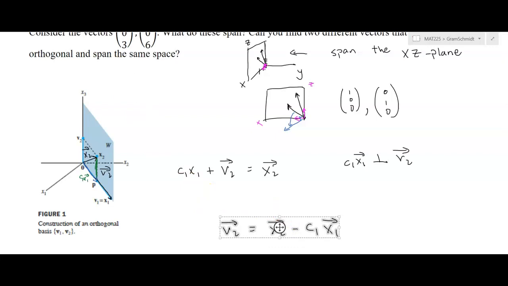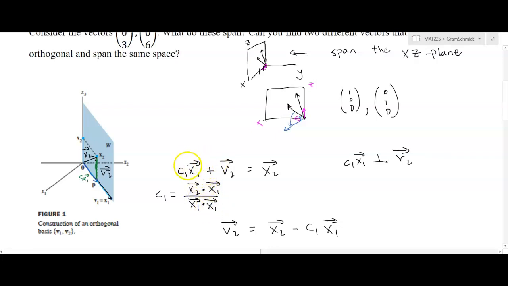What I should have written right up here is that to find this coefficient, recall that the way we get that is from an earlier lesson on orthogonality: as long as x1 and v2 are orthogonal to one another, then c1 is going to equal x2 dotted with x1 divided by x1 dotted with x1.